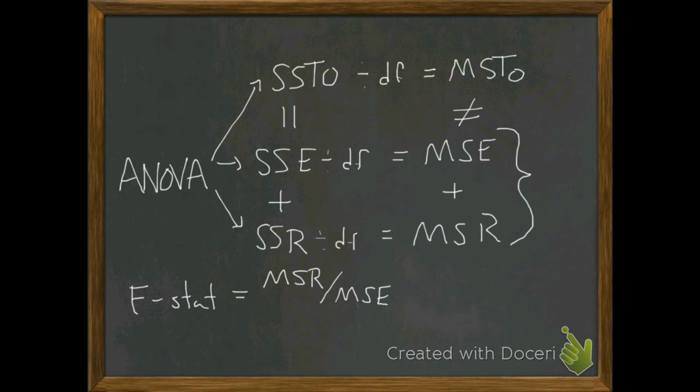This F statistic will follow the F distribution with degrees of freedom, in what we have so far, 1 and n minus 2. Now, 1 actually stands for the number of predictors. After this video, we'll start multiple regression where we'll get into multiple predictors, and this one will obviously change.